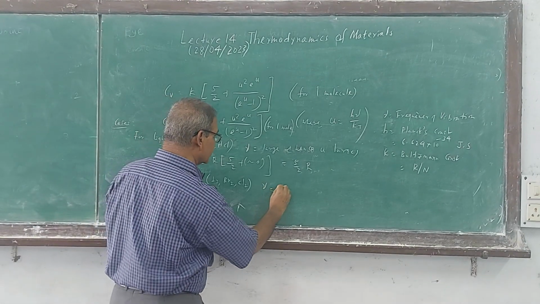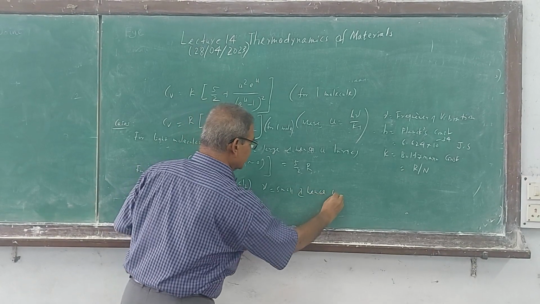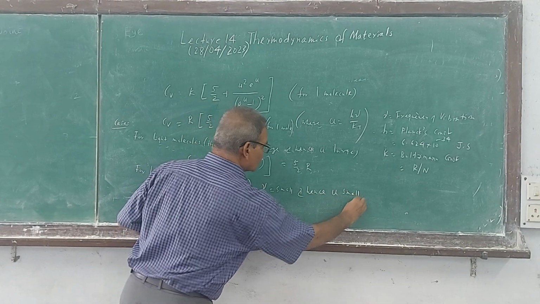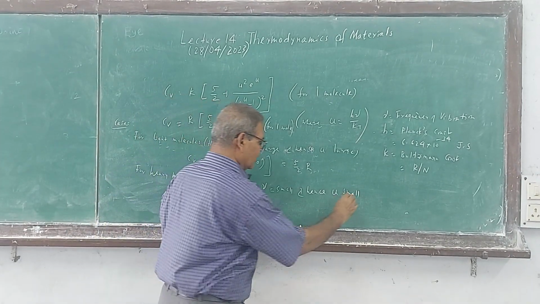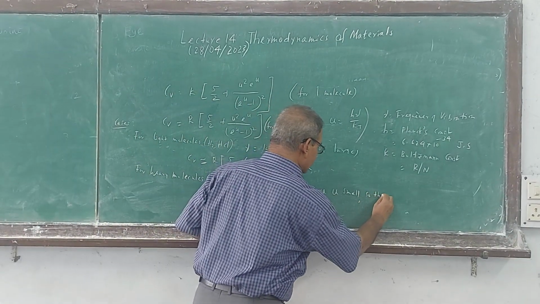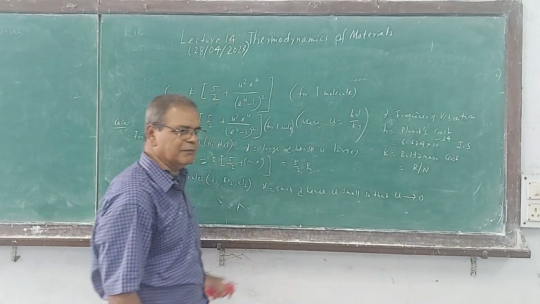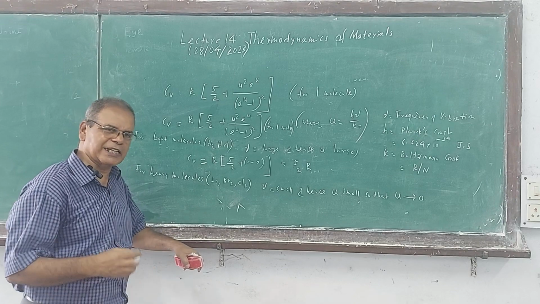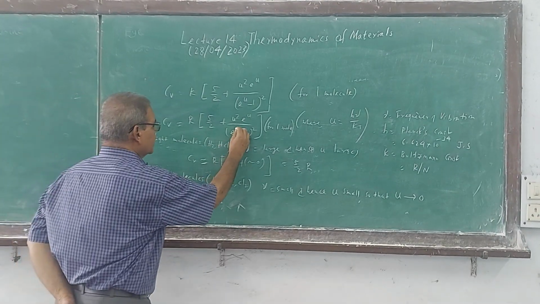The frequency of vibration is small, and hence U is small. We idealize this as extremely small, so that U tends to 0. When it is tending to 0, you have to work out the answer.